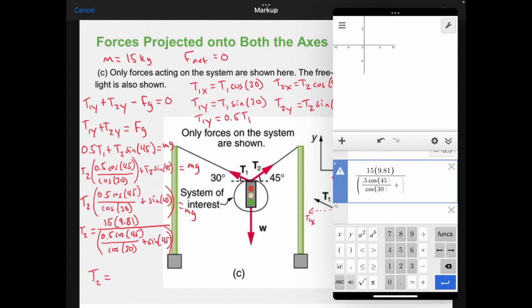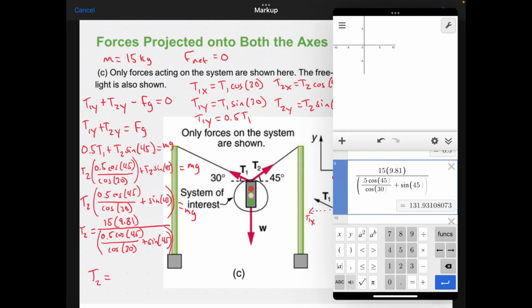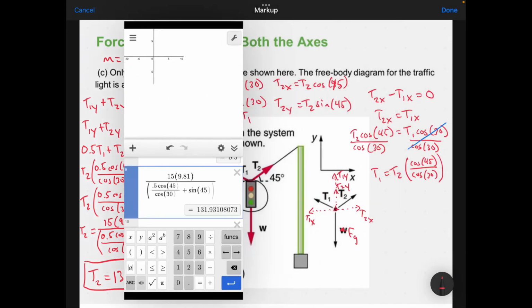Again, if you didn't before, make sure your calculator's in the right mode. There we go, 131.93. So that's T2. And now we need to find T1.